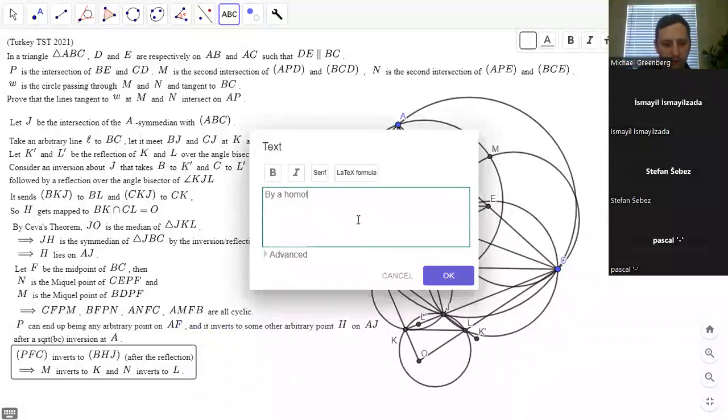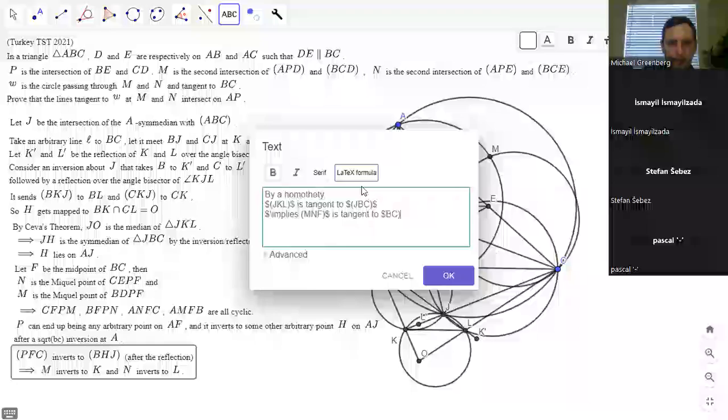By a homothety, we have JKL is tangent to JBC. And that implies that MF is tangent to line BC after the inversion. And that solves the problem.